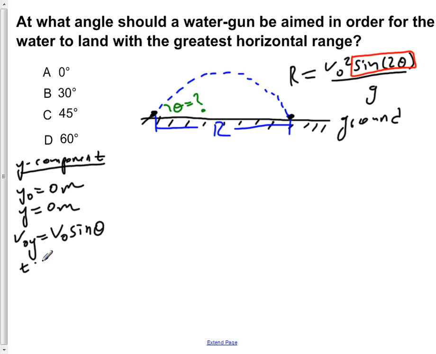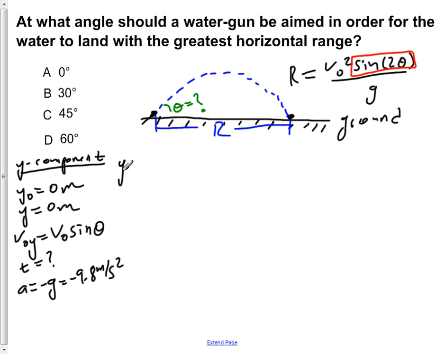It's going to last for some time, which is what we're going to try and solve for. The acceleration is equal to negative g, which is negative 9.8 meters per second squared. Here I denoted that g is the magnitude, 9.8, and the negative sign tells us the direction.